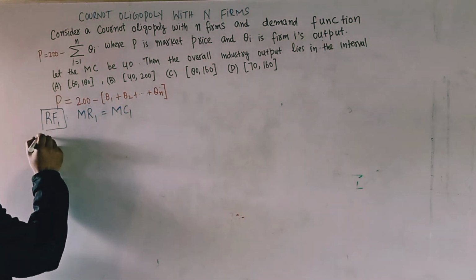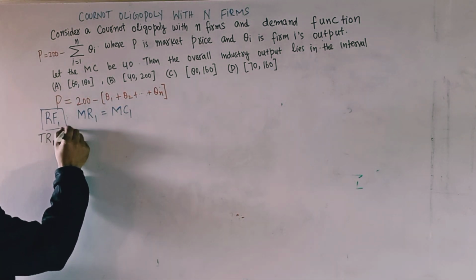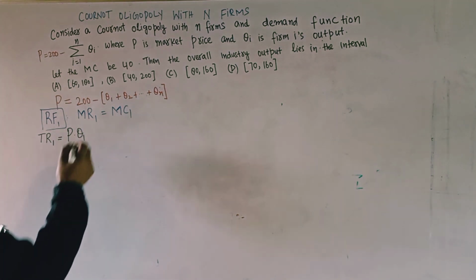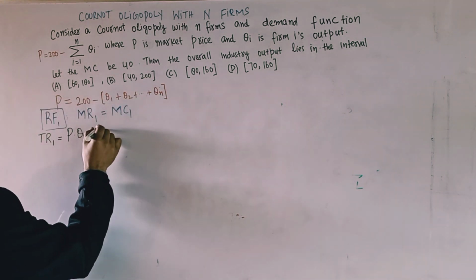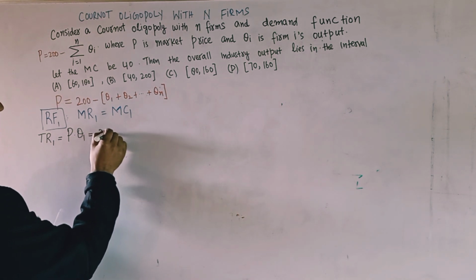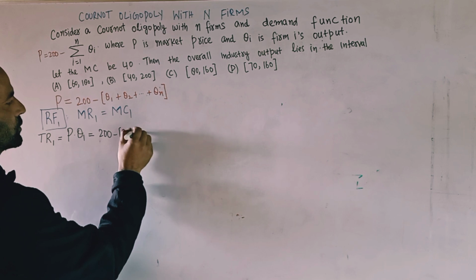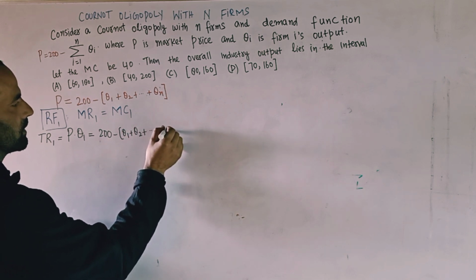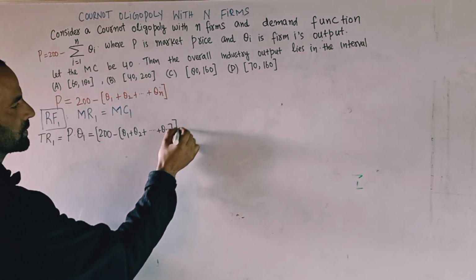So total revenue of firm 1 will be equal to P into Q1, price into output of firm 1. This is our demand function: in place of P we have 200 minus Q1 plus Q2 plus so on to Qn, and we multiply it with Q1.